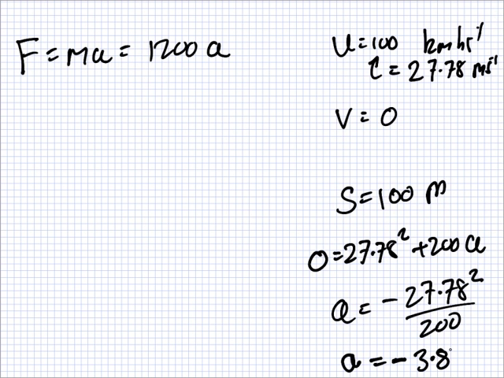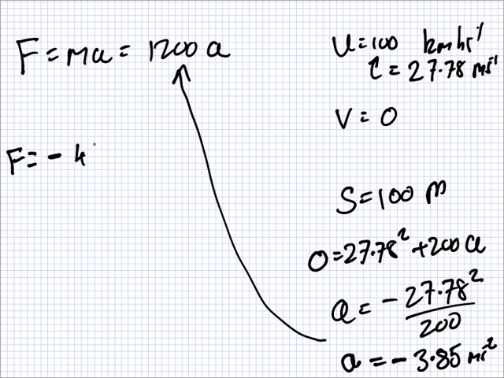Okay, so we just need to multiply that by 1200 and we get our answer. Minus 4620. No, that seems right. It should be a pretty big number, because you're causing the car to suddenly stop in 100 meters and it's going 100 kilometers an hour and it's 1200 kilograms. So I was expecting the answer to be in the order of thousands.